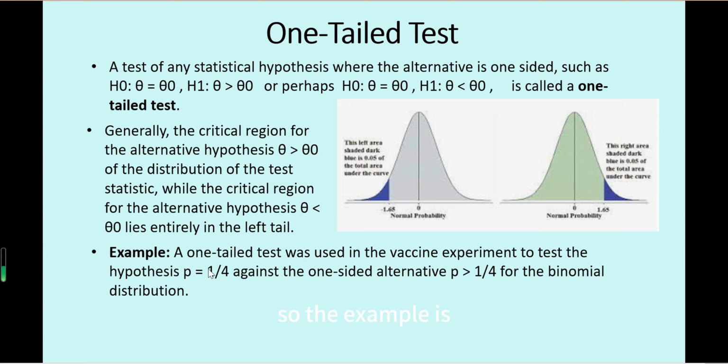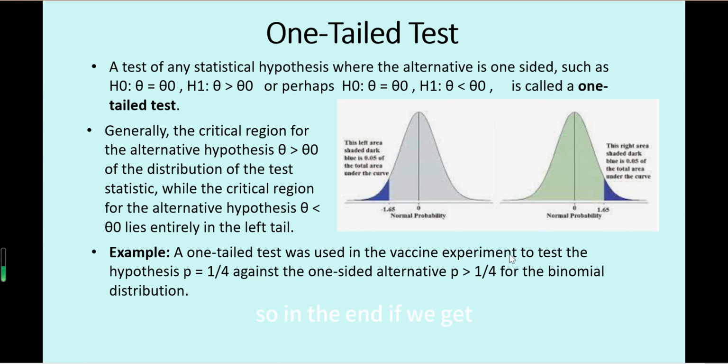An example of a one-tailed test is a vaccine experiment to test the hypothesis H0, probability p equals 1 of 4, against the one-sided alternative, p larger than 1 of 4, in a binomial distribution.